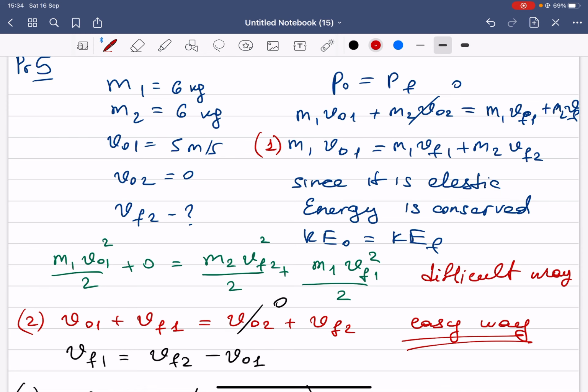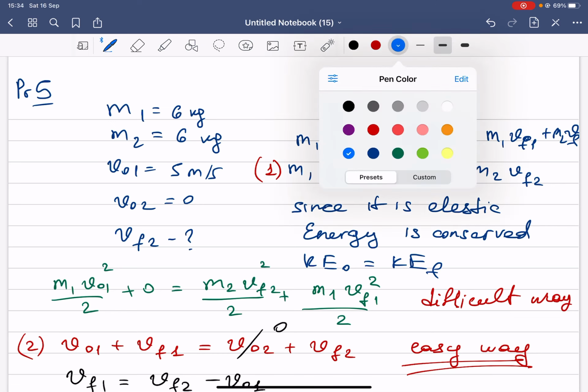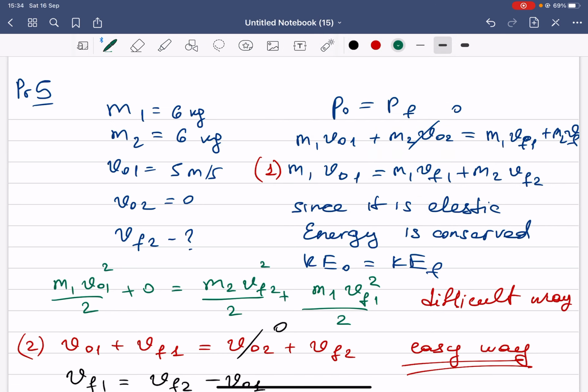Okay, so basically we have the first mass, m1, moving with an initial velocity v initial 1, and then we have the second mass, m2, with initial velocity v initial 2 equal to 0.